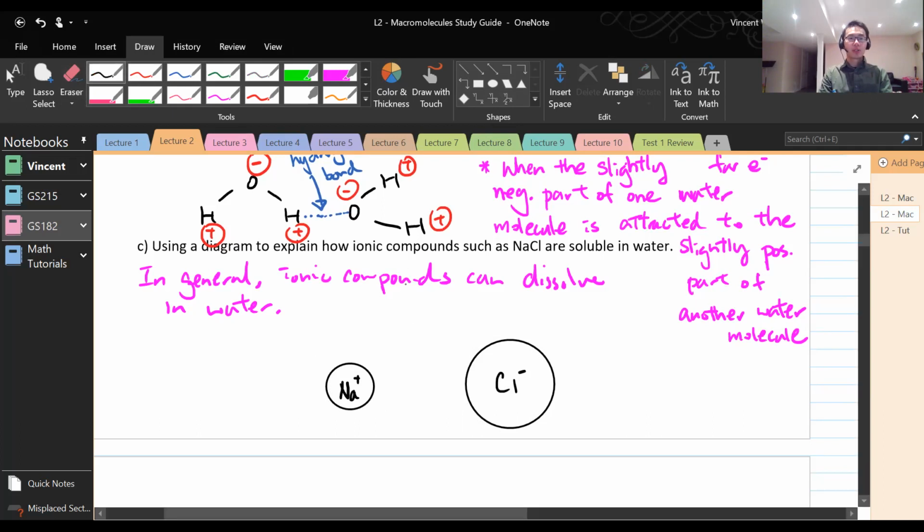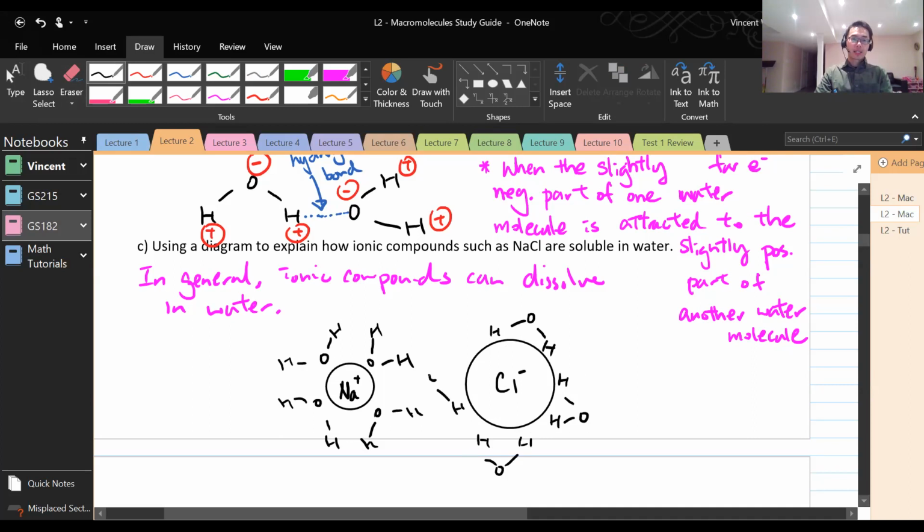So what is water going to do? Water has one part positive and one part negative. The negative part, the oxygen part, is going to surround the sodium like that. Whereas for the chlorine, the hydrogen portion, the positive part, is going to be surrounding the chlorine.